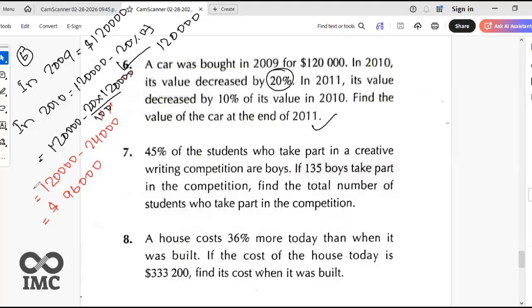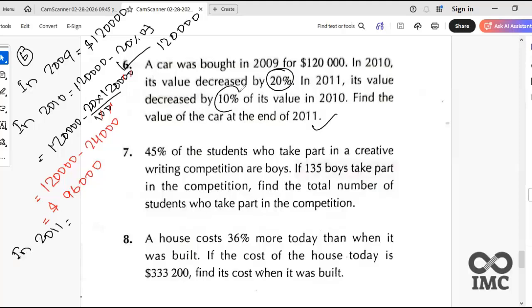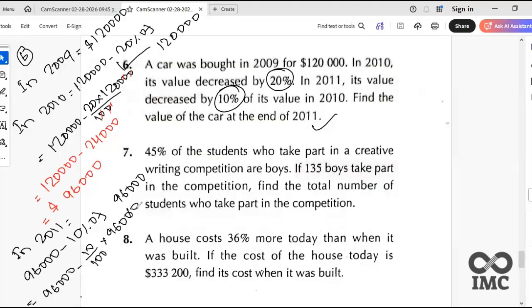Simple. And in 2011, the value is decreased again. Its value decreased by 10% now. So 96,000 minus 10% of 96,000. So 10% means 10 by 100 into 96,000. After cancelling 0 and 0, we get 96,000 minus 9,600.